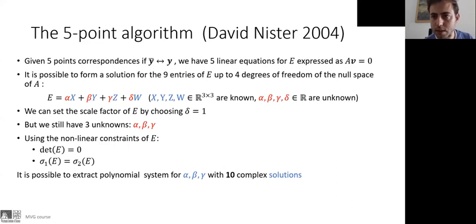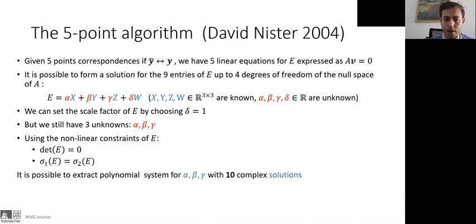Yanni? Yes. How many degrees of freedom does the equation that the determinant of the essential matrix equals 0 give? The determinant of E equals 0 gives you 1 degree of freedom because it's just one equation on the 3 unknowns.